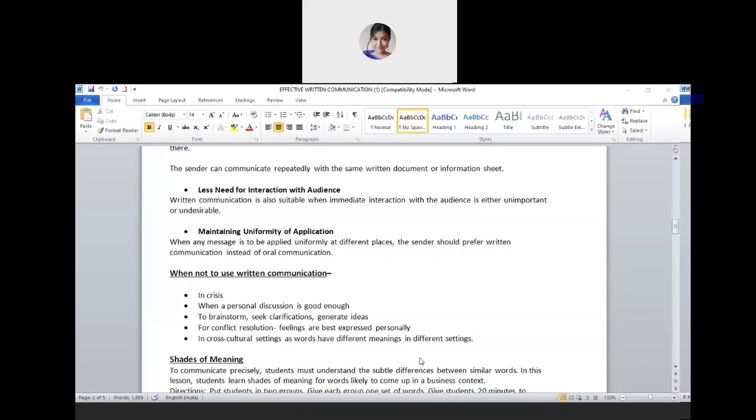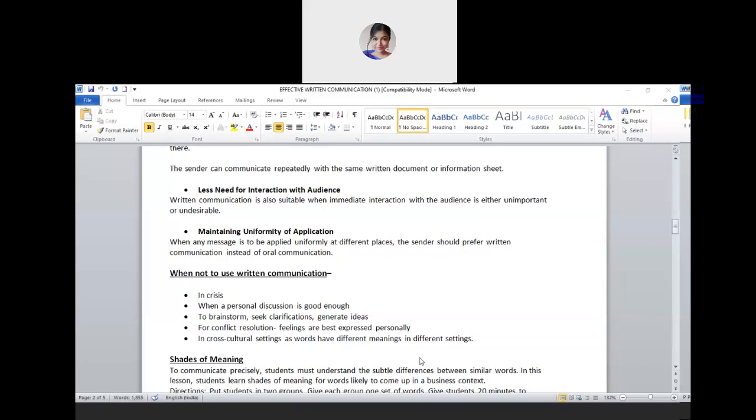In that kind of situation, the people in the group can definitely provide a lot of ideas, a lot of solutions.